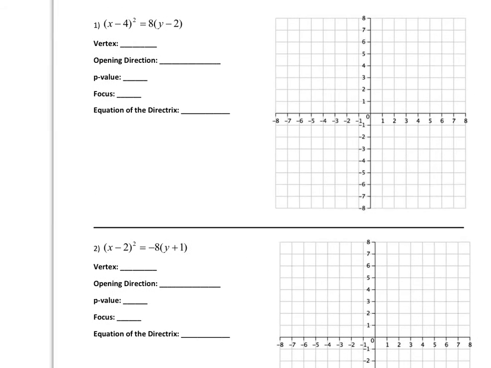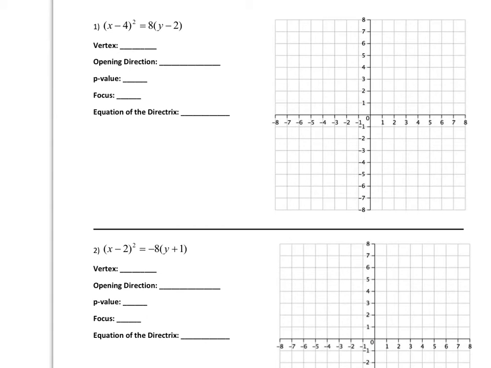Okay, so the first thing that we want to look at is the vertex. The vertex is always x first, then y. So x is 4, y is negative 2. So we switch the signs, and the vertex is positive 4, positive 2. Okay, and since the x comes first in the equation, we know the parabola is going to open either up or down.